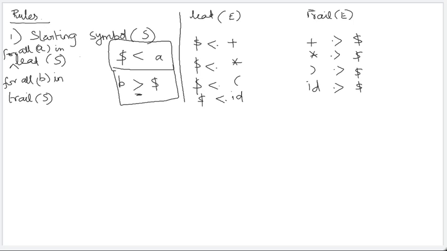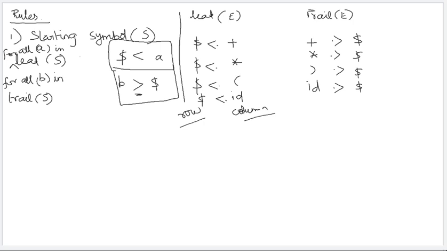Now we have to enter these relationships in our table. So first, for the dollar: the left hand side represents the row value, and the right hand side represents the column value. So the row dollar has lesser precedence to all the terminal symbols.